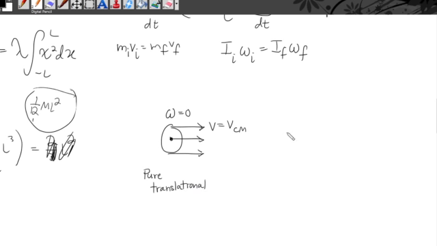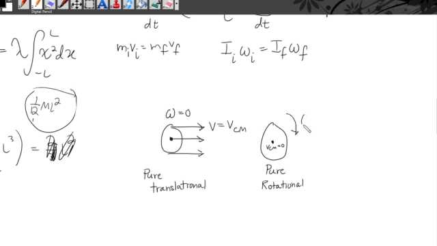Okay, next one is pure rolling, or pure rotational. If it's pure rotational motion, what that means is that the center of mass is not moving, and it's basically just rolling in place.